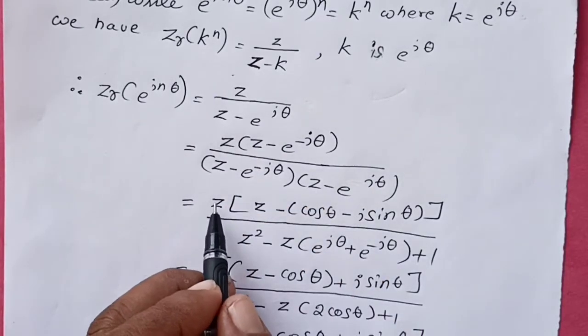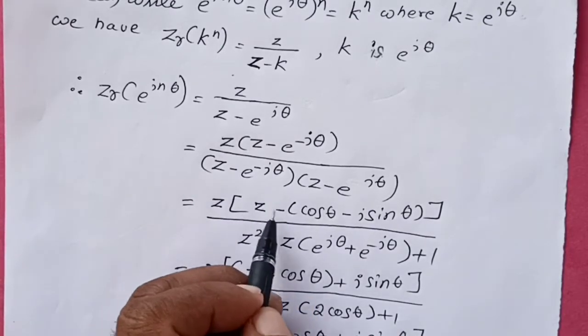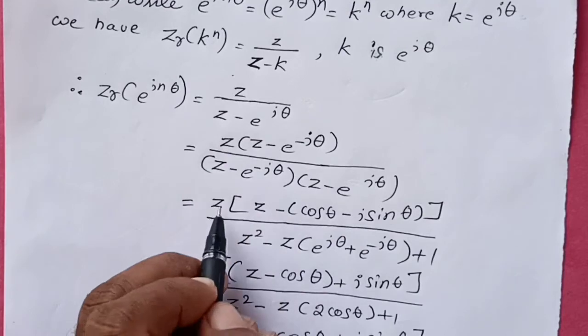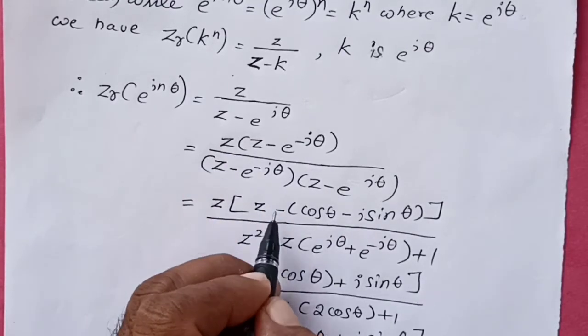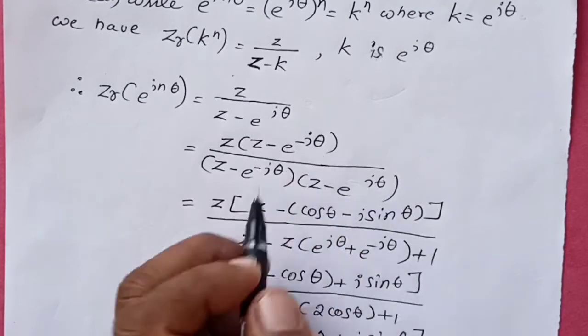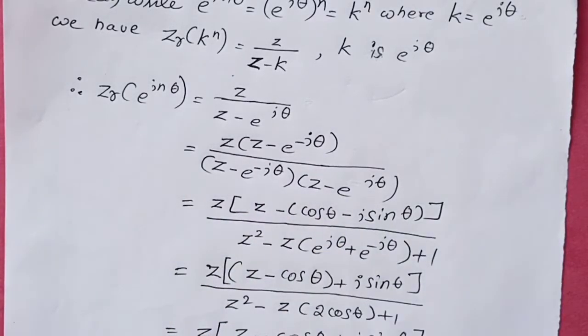So it becomes z into z minus, same it is z, bracket changed, so z minus e raised to minus i theta, which is nothing but cos theta minus i sin theta.